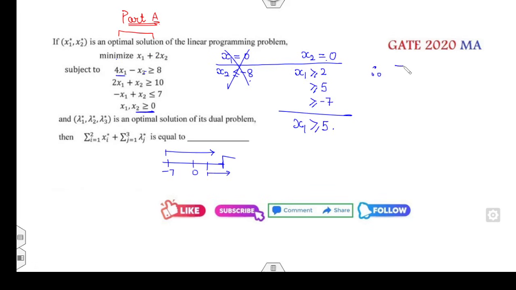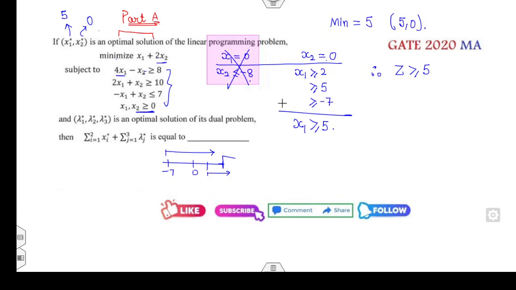That means the value of z is greater than or equal to 5, because x2 will be 0. Therefore, the minimum is 5 at the point 5 comma 0. So x1 star is 5 and x2 is 0, because 5 comma 0 satisfies my given constraints.